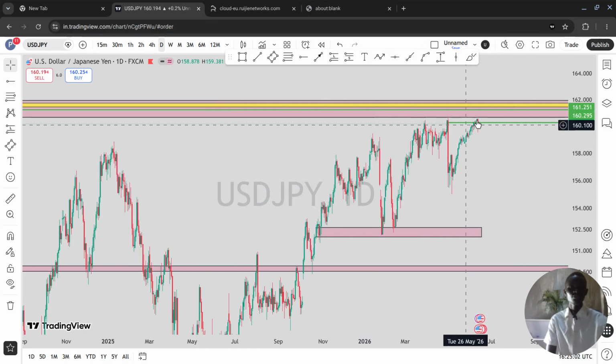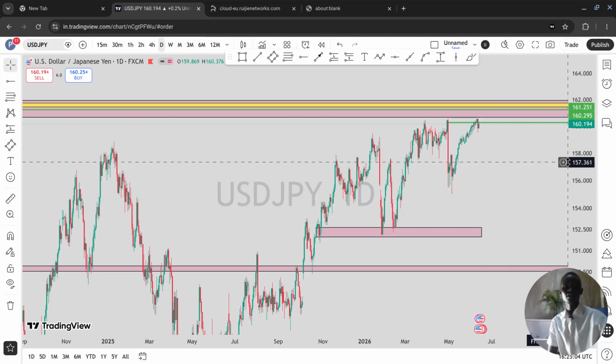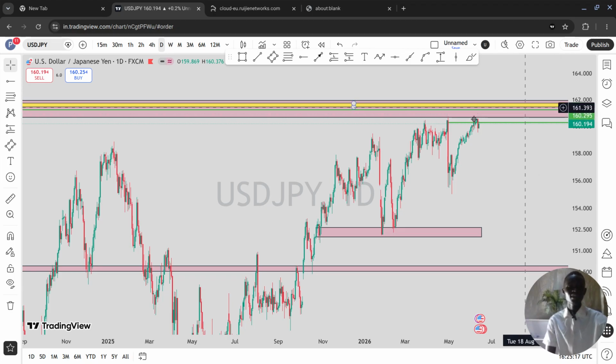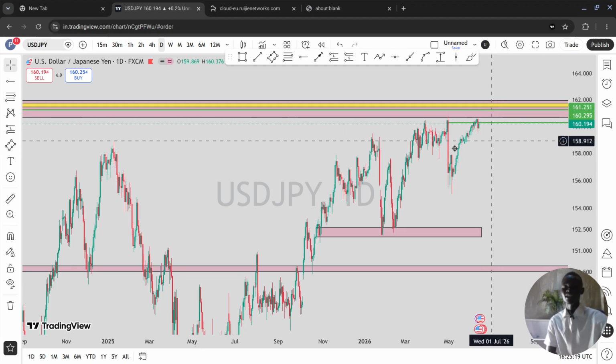I want it at least to pull up to around 161.251, somewhere around here. And that's when I'll be more interested in USDJPY.